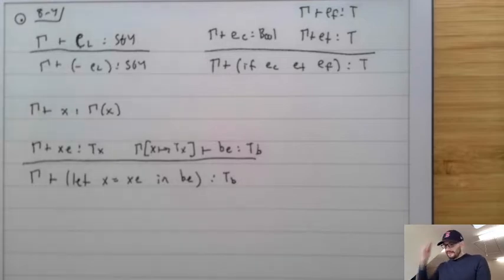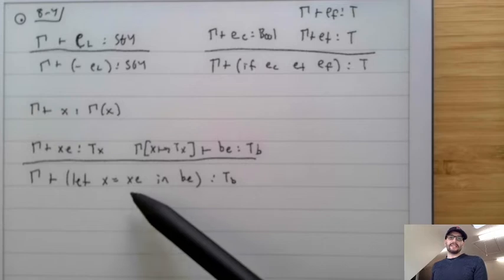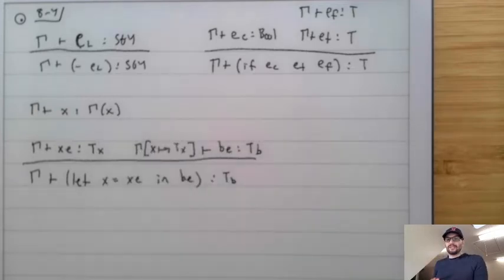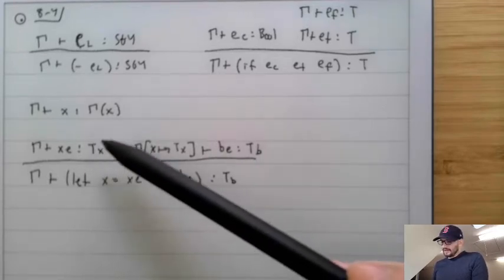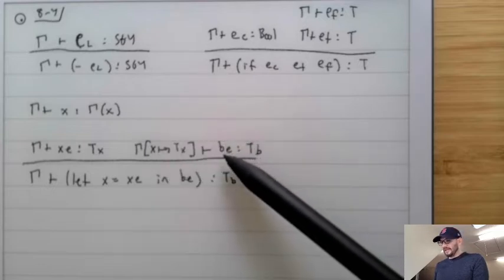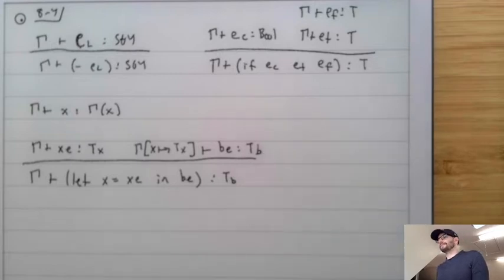So what this is doing is it's saying that we look at the let position and we first check the expression and see if it has some type. We don't know what type it is, we just check to see what it is. So once we know that it has a type, then we take that type and we record it inside of the type environment, and then we type check be. And after type checking be, we see that it has some type, and that's the type that we return.